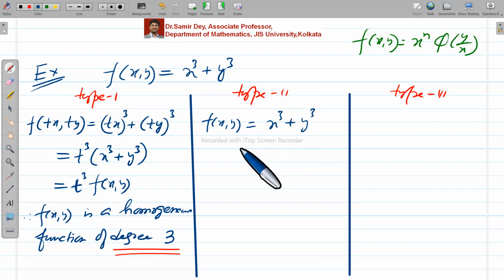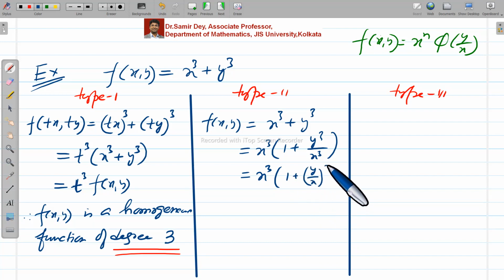You take x cube common, then it is coming 1 plus y cube by x cube. So it means x to the power cube into 1 plus (y by x) whole to the power cube.